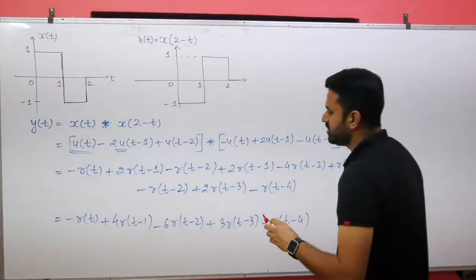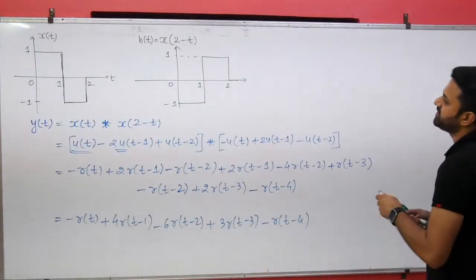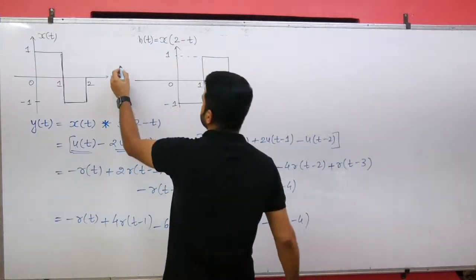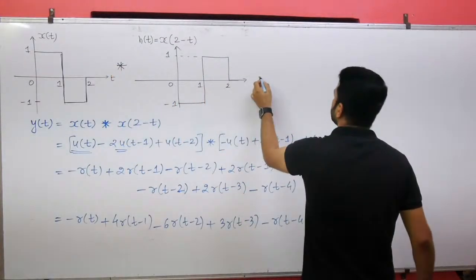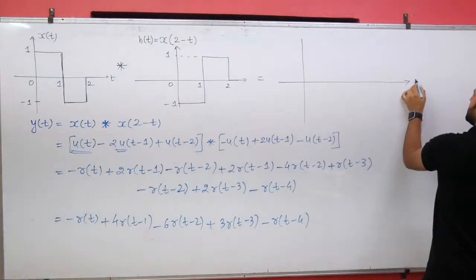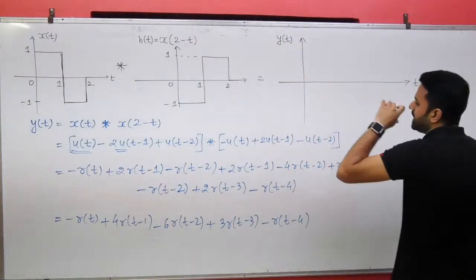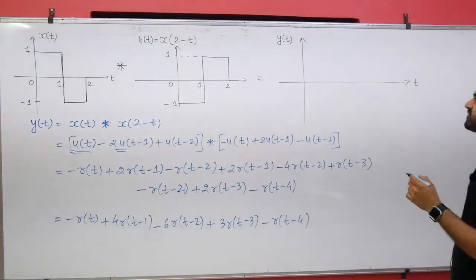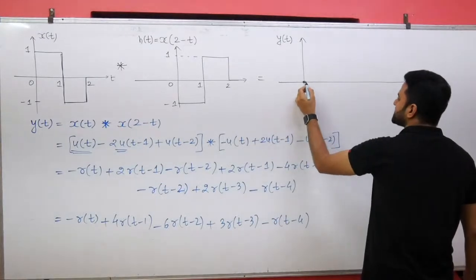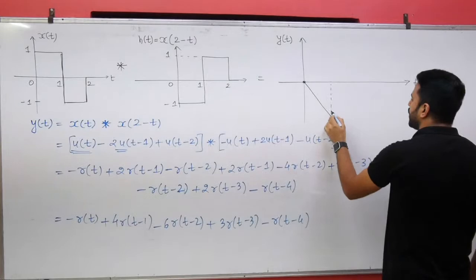Yes. So what is the overall slope? Now when we convolve these two, we will get the output, which is a ramp signal. This is the output y(t), and this y(t) is starting from 0, because r(t) means it is starting from 0 and it is having the slope.